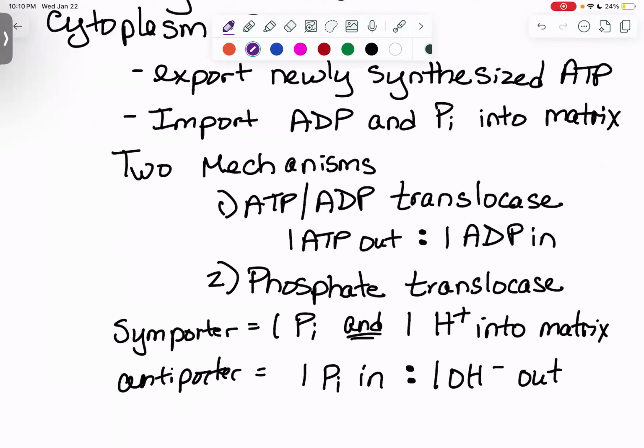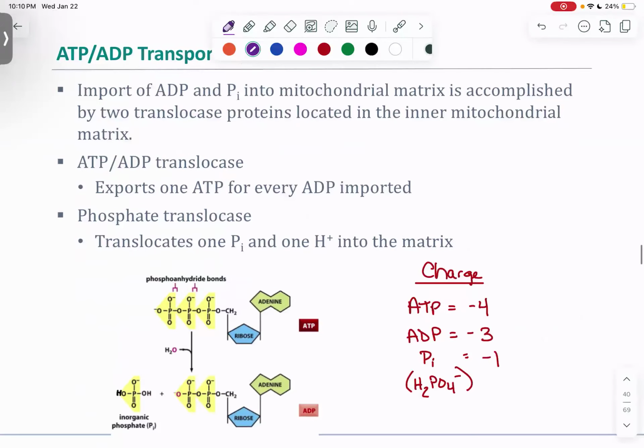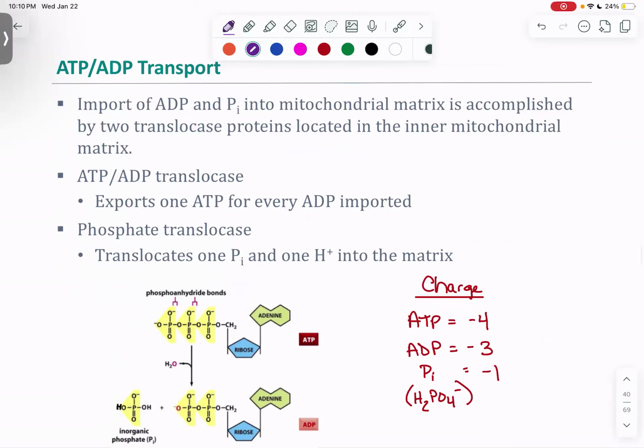The symporter brings an inorganic phosphate and a proton into the matrix at the same time, whereas the antiporter brings an inorganic phosphate in and a hydroxide ion out. And so I'm going to show you kind of how that works. So we'll talk about the ADP, ATP stuff first, and then we're going to get into our other shuttle systems because it's a little bit easier.